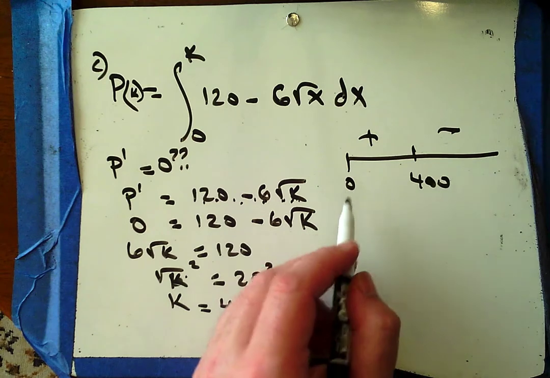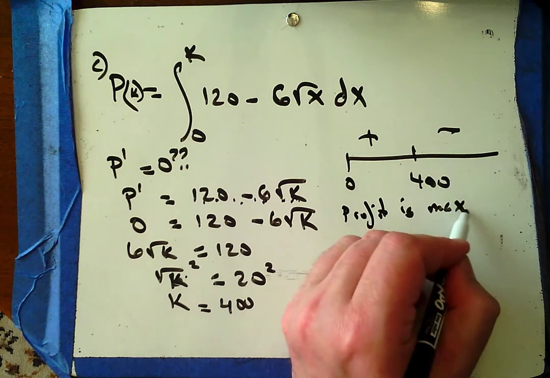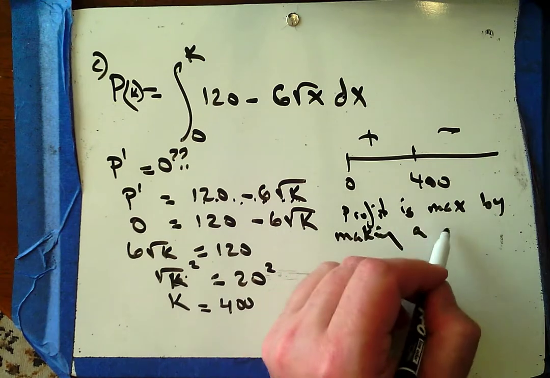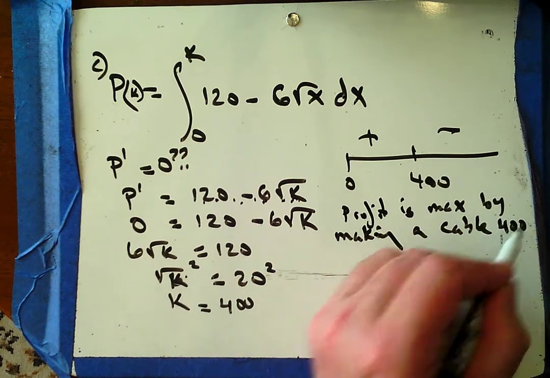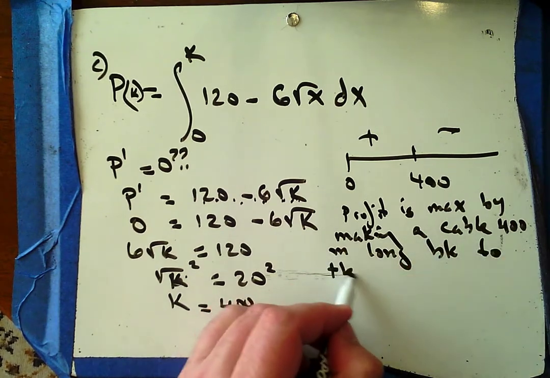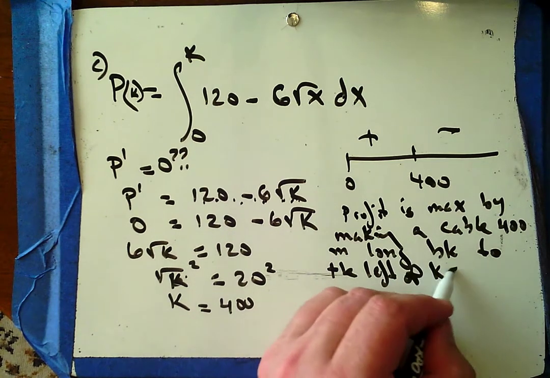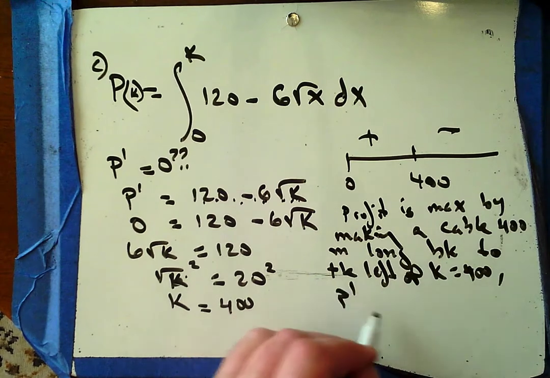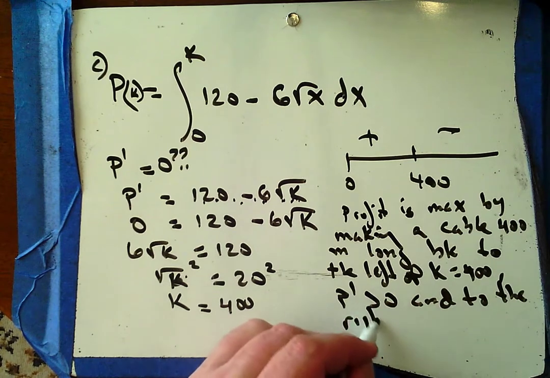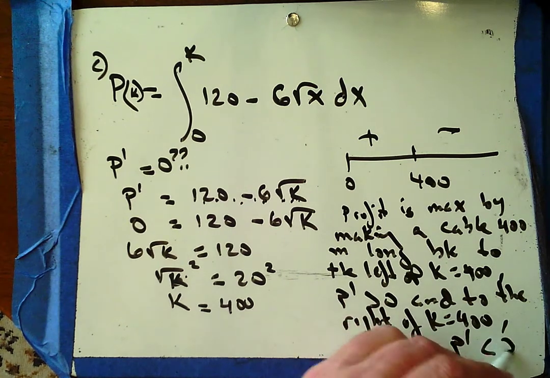Justify your answer. Profit is maximized by making a cable 400 meters long because to the left of K equals 400, P prime is greater than 0, and to the right of K equals 400, P prime is less than 0.